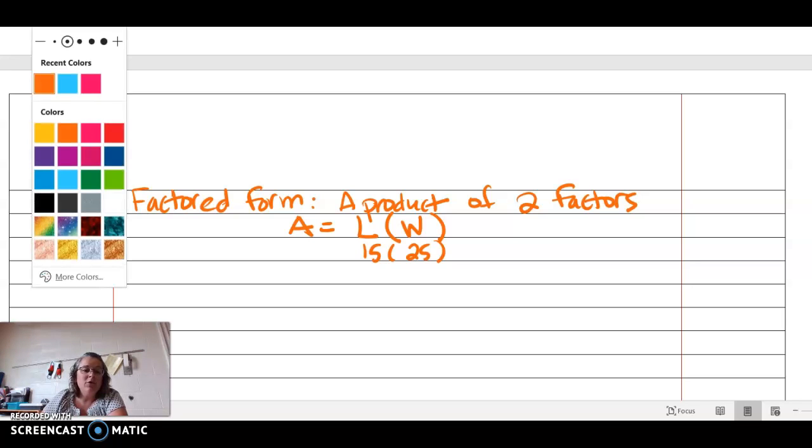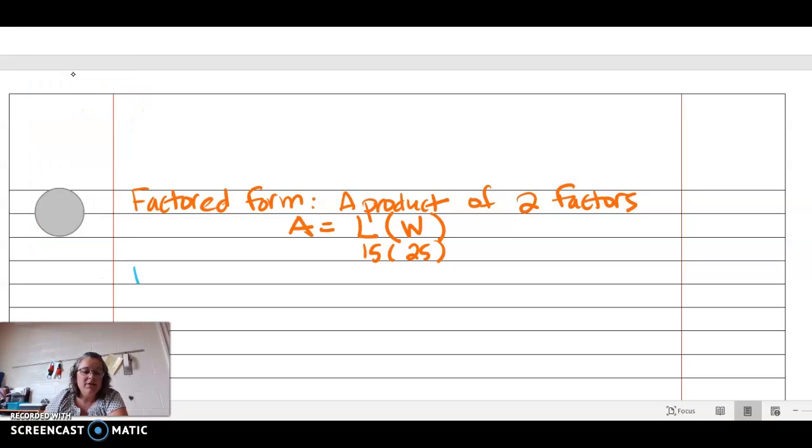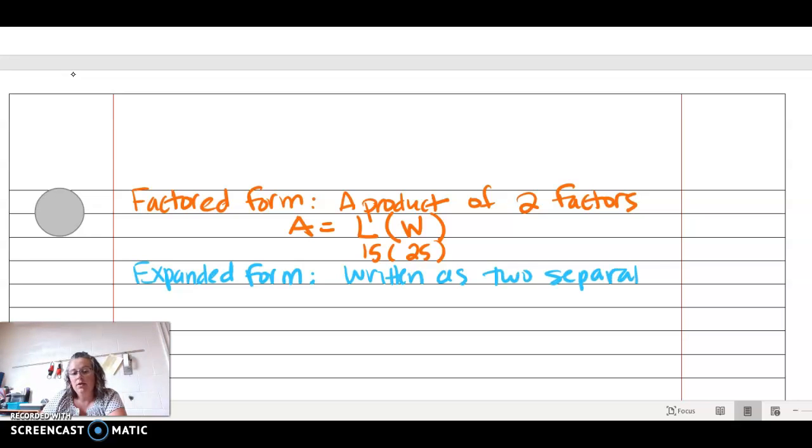The expanded form, however, looks a little bit different. So I'm going to put expanded. I'm going to say is written as two separate terms.